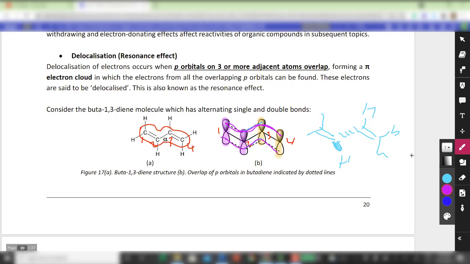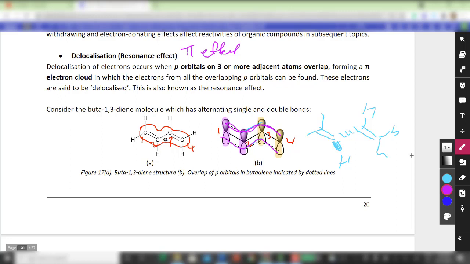Yeah, so it's actually what we call a pi effect. If you want to be explicit, it's a pi effect. You might also be interested to know that the pi effect is more prominent than the inductive effect, because the pi effect involves electron density being spread out over the pi framework, and this spreading out has an important implication on the electron density of the group as a whole.